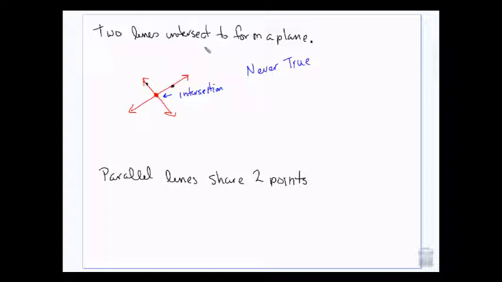The intersection doesn't form a plane. The intersection forms a point. They intersect at a point. Parallel lines share 2 points. If I have parallel lines, can they share anything? No, because they never meet, right? So this is another kind of a never true.